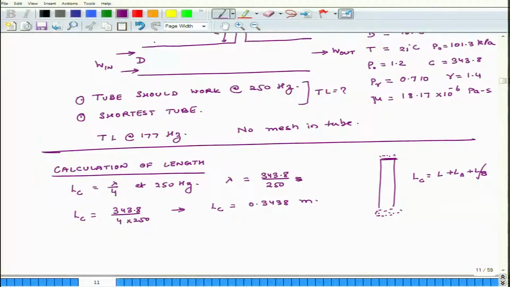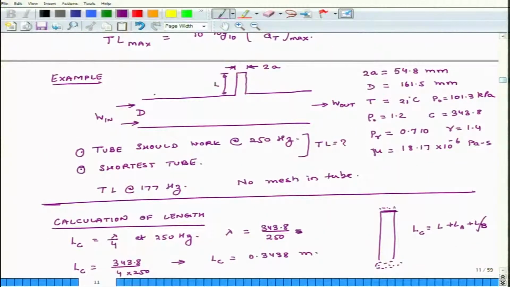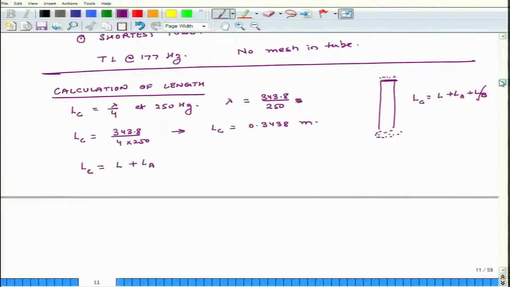So, LC equals L plus LA, and this tube is attached to this pipe, which acts as a flat surface, a flange. The additional increment due to the presence of the flange is 8a over 3 pi. And LC is 0.3438.